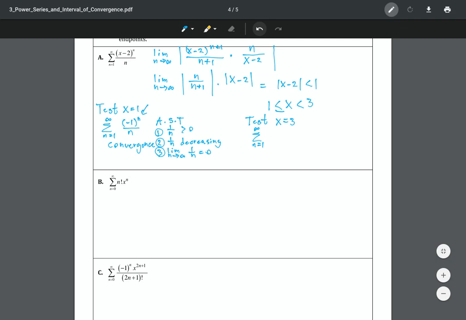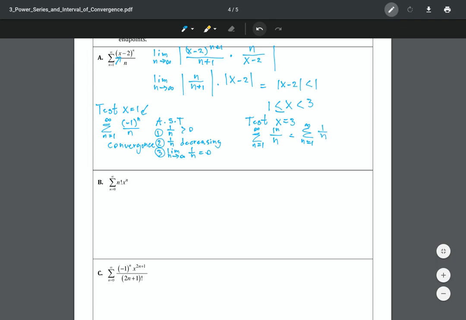Now, as far as the 3 goes, if I plug in a 3 here, notice that I have a 1 to the n power over n. Now, 1 to the n power is not going to change. It doesn't matter what you raise that to. 1 to the first is 1, 1 to the second is still 1. So this is the same thing as this.